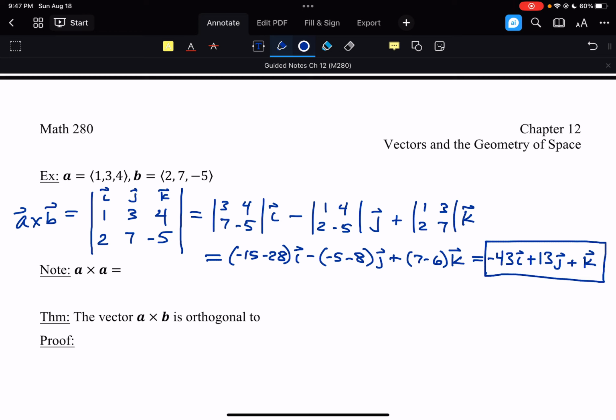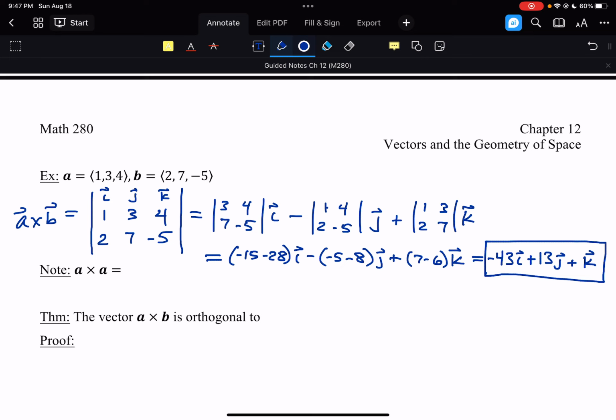So let's take a look at some different properties of the cross product, what makes it unique. So first thing to note, A cross A. If you were to take a vector and cross it with itself, for example, 1, 3, 4 with 1, 3, 4, you would end up here with 3, 4, 3, 4, and you would get 12 minus 12 is 0.